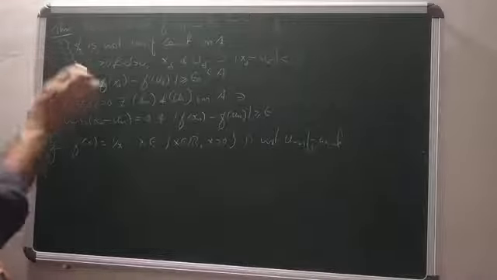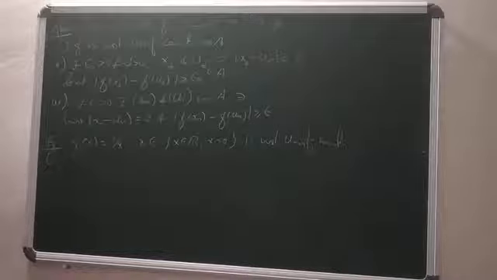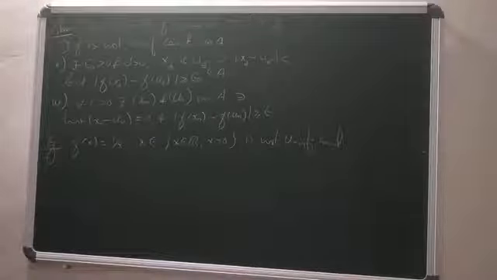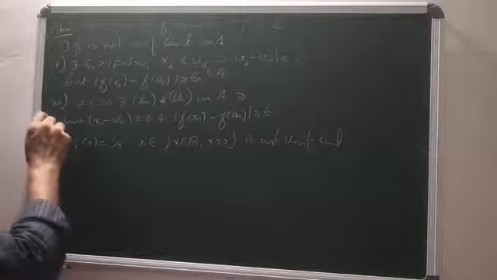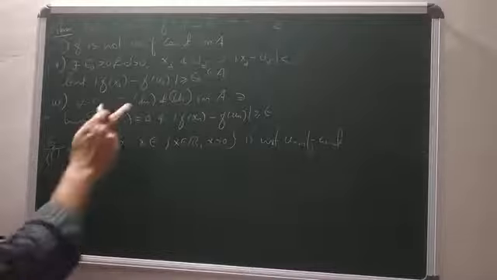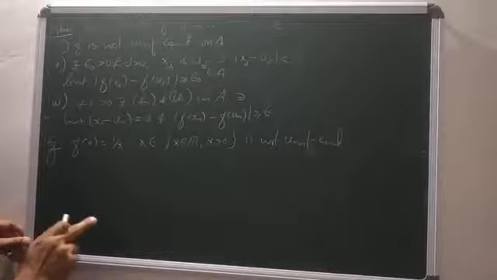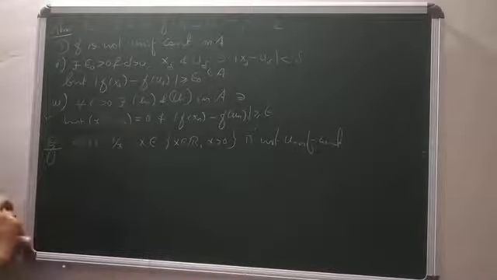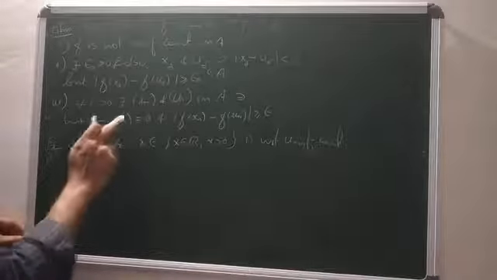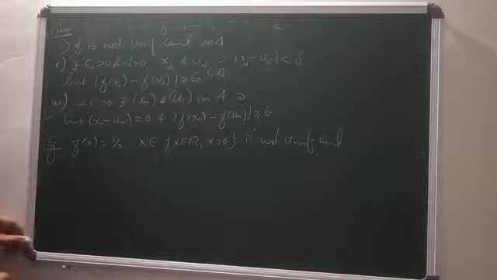But by using this non-uniform criterion, how do we prove the non-uniform continuity of this function? That's an interesting case. So consider the third statement: for all epsilon positive, if xn and un are any two sequences in A with limit xn minus un equals 0, and modulus of f of xn minus f of un is greater than or equal to epsilon, then f is not uniformly continuous.